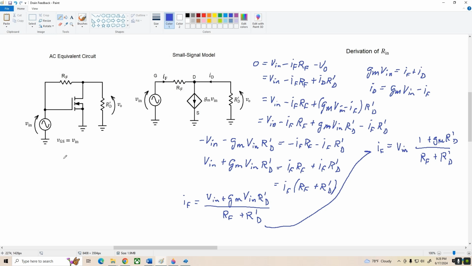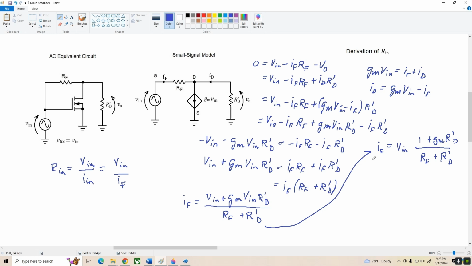The input resistance is equal to V in divided by I in, okay? And I in also happens to be I sub F, so we can write V in over I sub F, and we have the equation for I sub F over here.